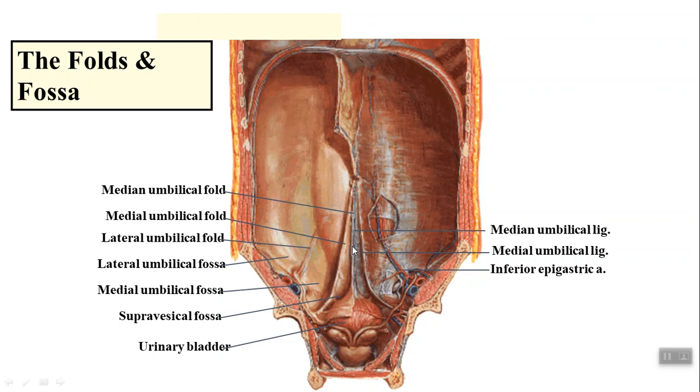The median umbilical fold is formed by a remnant of the urachus, which has a connection with the urinary bladder. In between these folds we have the fossae. In between the lateral and medial we have the medial umbilical fossa, and another fossa in between the medial and the median is called the supravesical fossa.